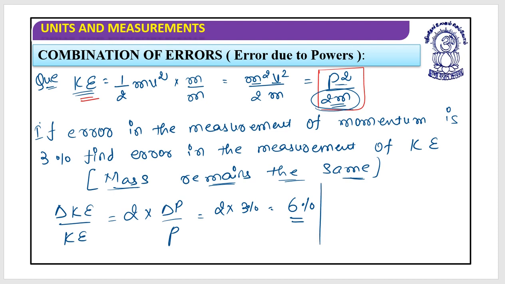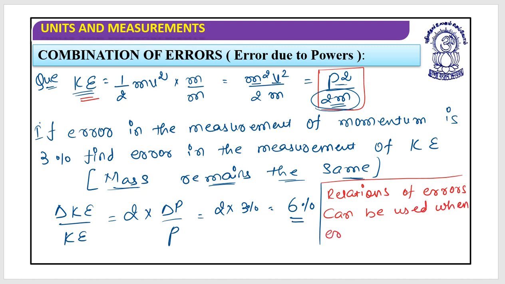Now here I want to put a very critical remark: when you are using the relation of errors, it can be used when the error or change is less than 5 percentage.